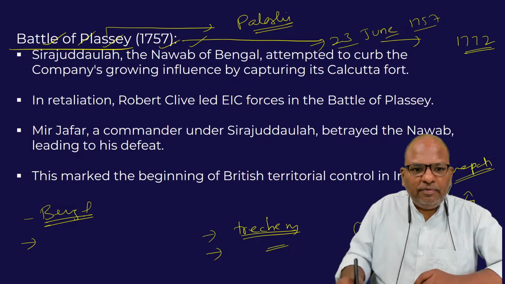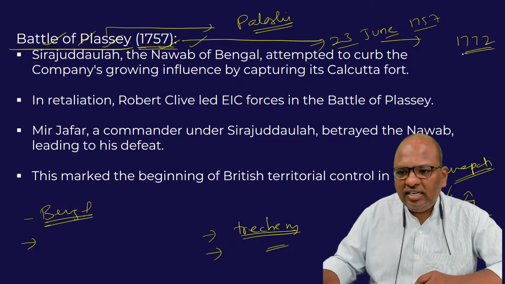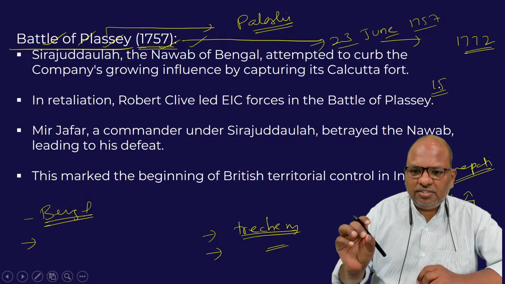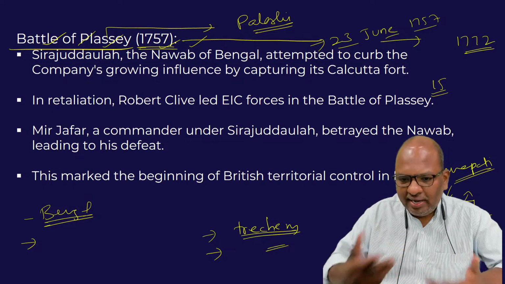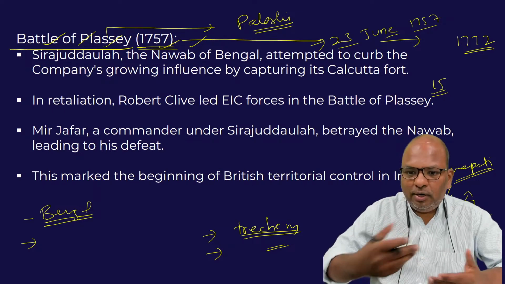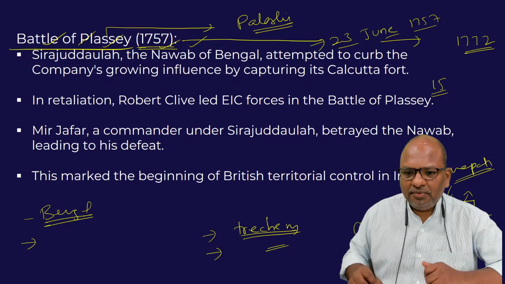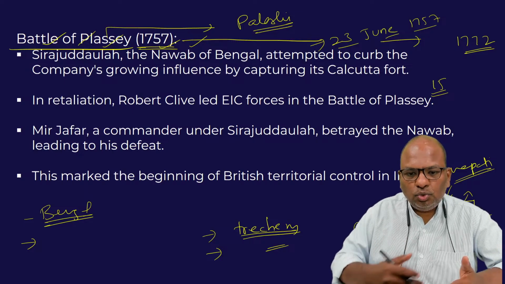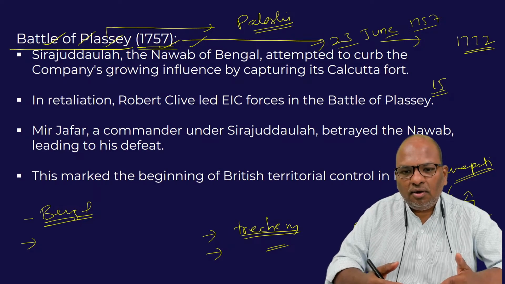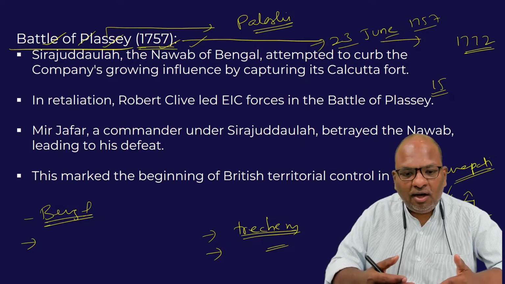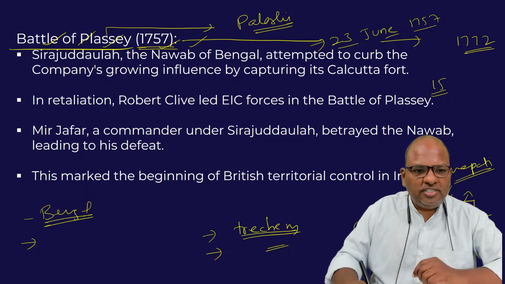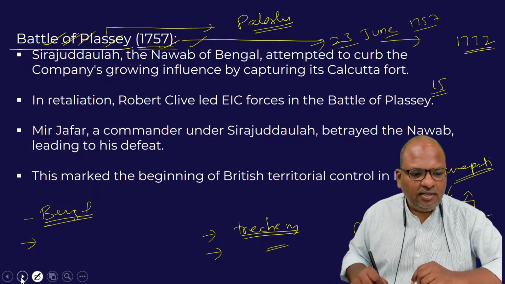In other words, between 1757 and 1772, for about a 15-year period, the British ruled Bengal indirectly, through their puppet rulers. Got the point? So they ruled Bengal through those rulers who more or less acted according to the whims and fancies of the British. That's the point.